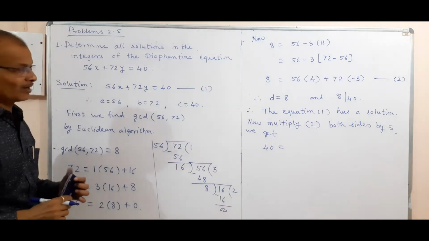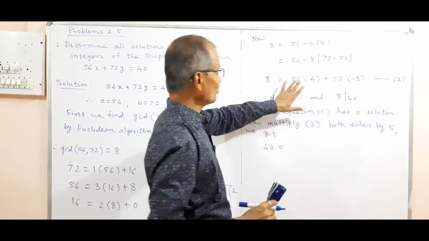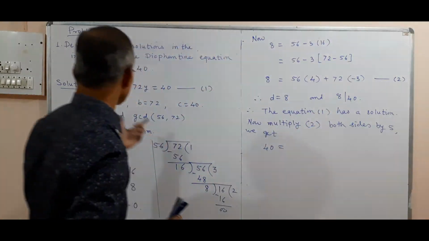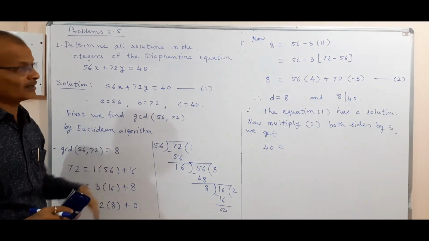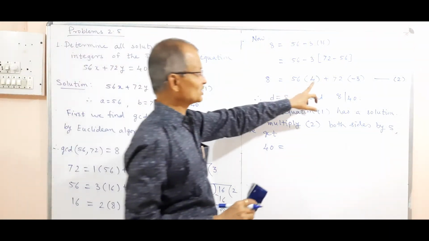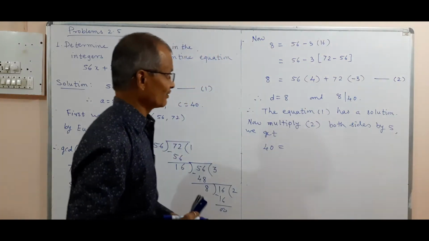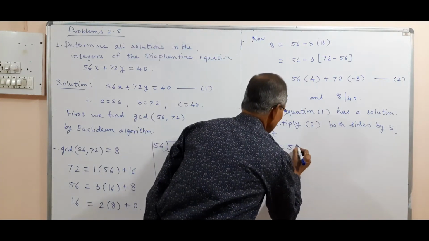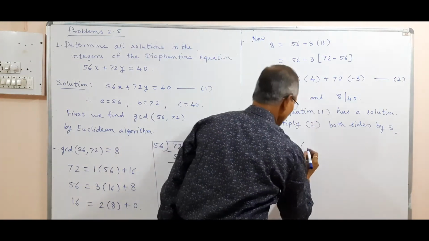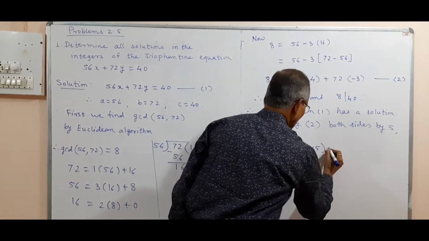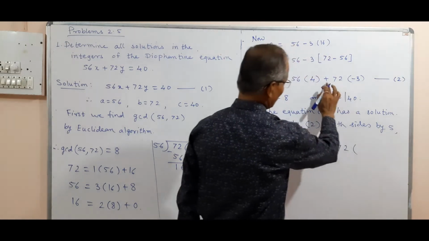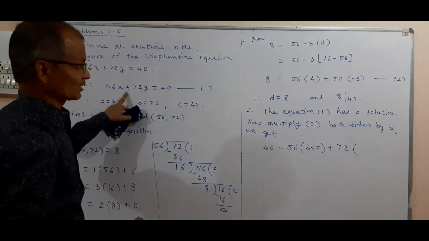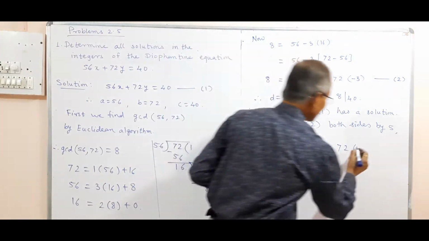We should remember we don't change 56 and 72 because these are required in the equation. So keep them as they are, and multiply the remaining integers, 4 and minus 3, by 5. So this is 56 in bracket 4 into 5, plus 72, keeping the plus sign as in the equation, and this minus 3 into 5.